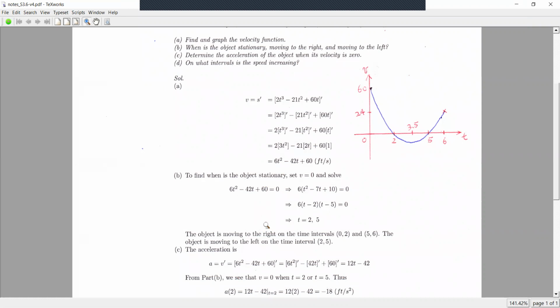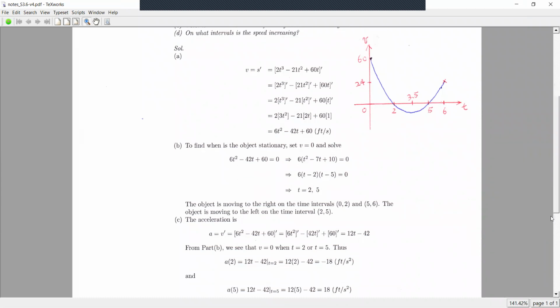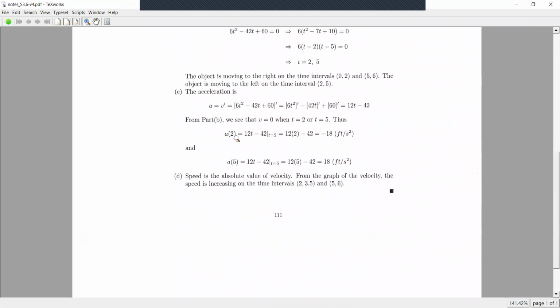From part B, we saw that when time is 2 and 5, velocity is 0. Therefore, acceleration at 2: plug 2 in for t here, then we get negative 18. Acceleration at 5: plug 5 in for t here, then we get positive 18.